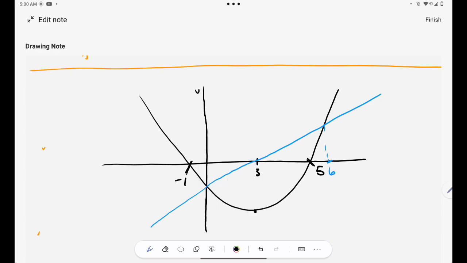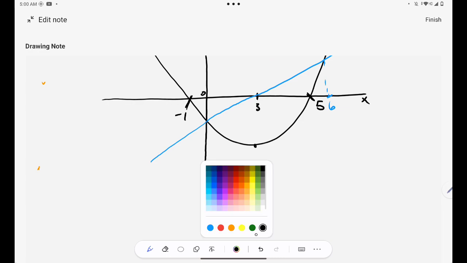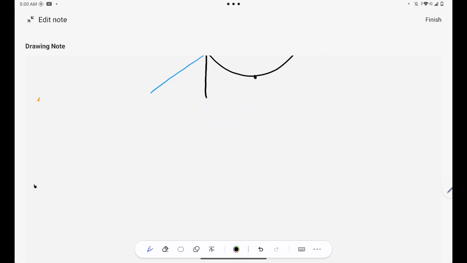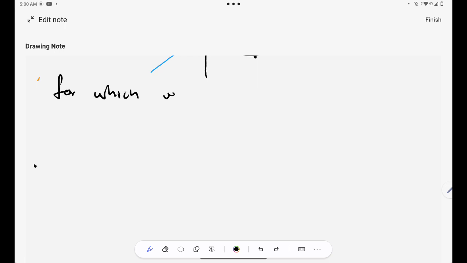Okay, I have y, 0, x-axis. I must answer these questions. Let me write them here. Number 1, for which values of x is f of x positive?